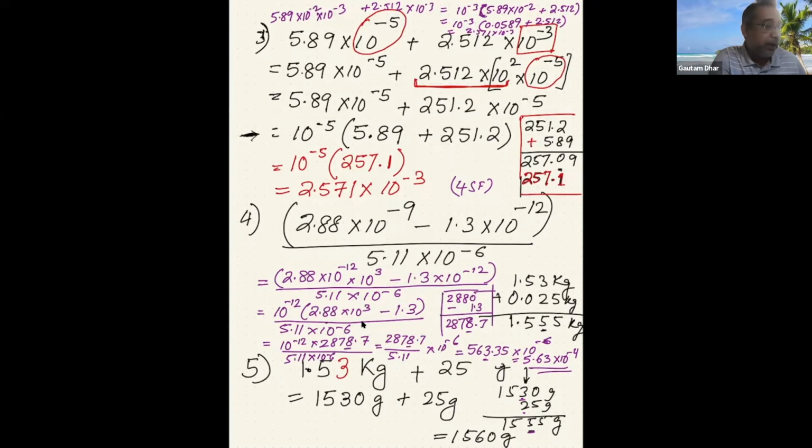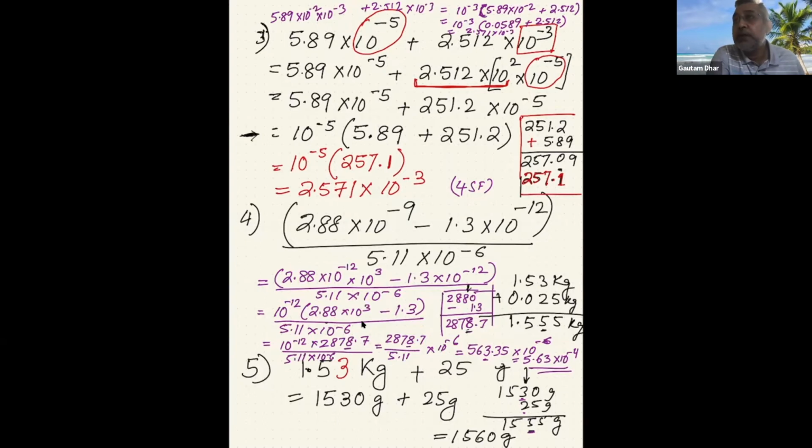If I add them, I get 2878.787. Now, because there is a zero there, that means my last significant digit is here. So I have underlined it.